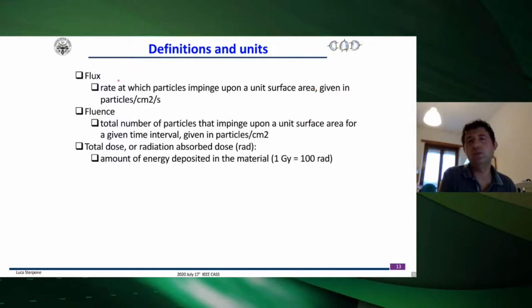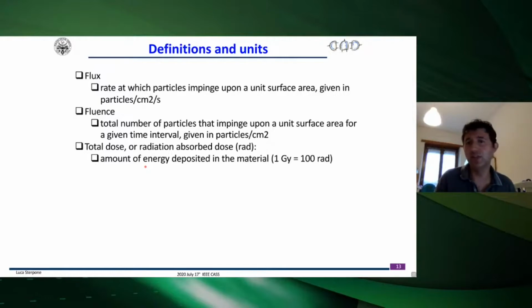I'm talking about the flux, so the rate at which the particles are going to hit our device. The fluence, which means how many particles impact the surface area of the device, and the total dose, which means, in general, how much radiation is absorbed by the device.